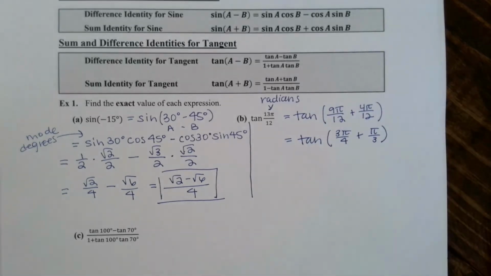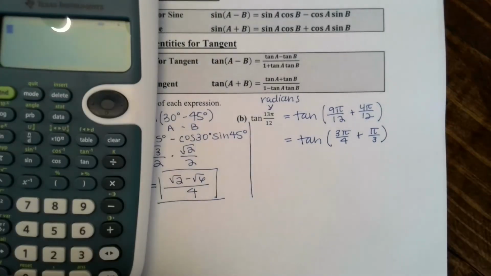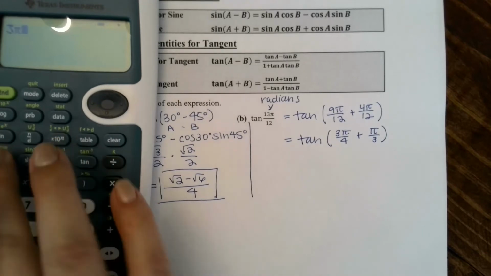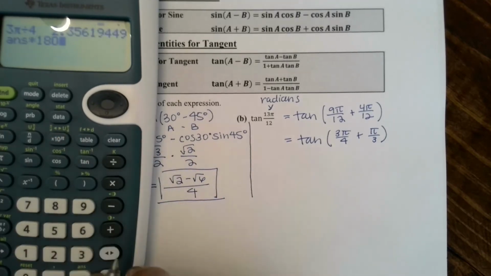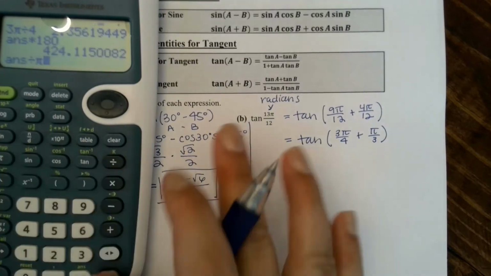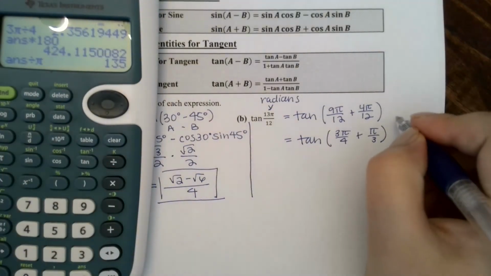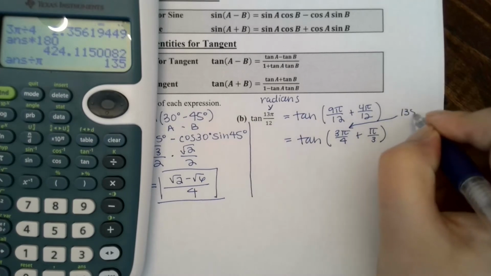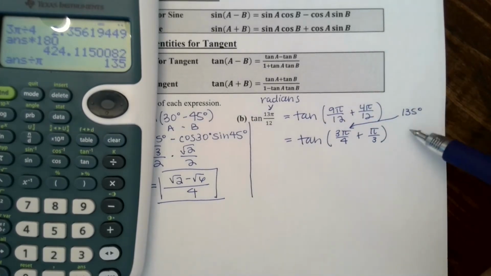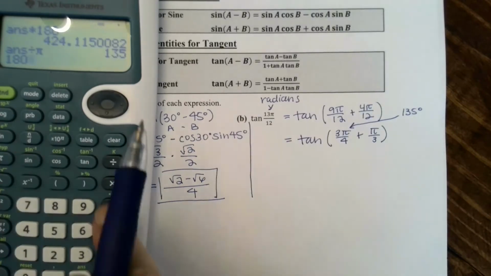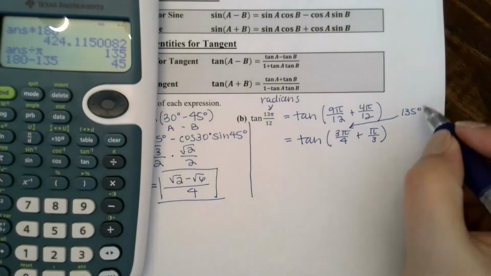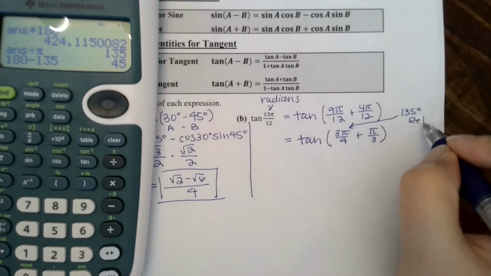3 pi over 4, times 180 divided by pi, is 135 degrees, which has a reference angle of 45 degrees.